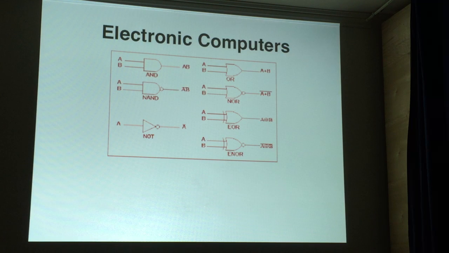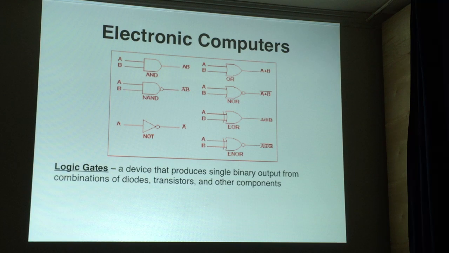Now, in addition to the language and the use of bits and bytes, we also have something known as logic gates. A logic gate is a device that produces one single binary output from a combination of inputs. So a combination of diodes, a combination of transistors, or a combination of other components.